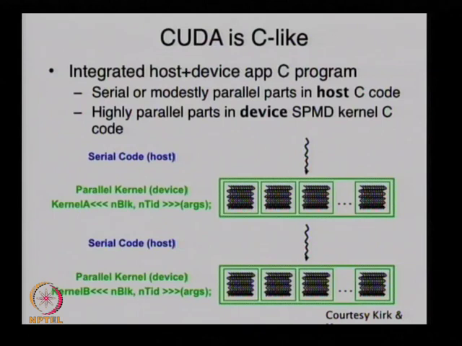We'll get to details shortly. And then the bracket says these are the arguments to be sent to that function. Okay, and then you go back and continue your serial execution. And later on you can do another kernel and so on.